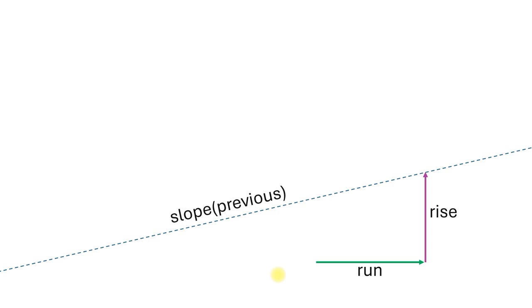Now imagine you come to another hill. This hill is also 20 meters in height, but it is much steeper. You get from the bottom of the hill to the top in only 10 paces. We've shortened the run, but kept the rise the same, and this has the effect of making the slope much steeper.